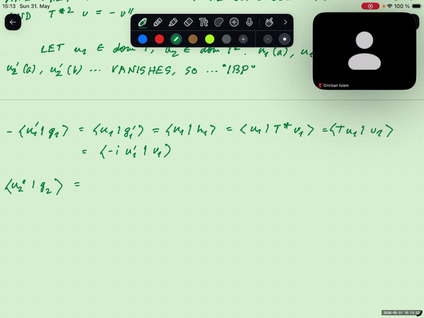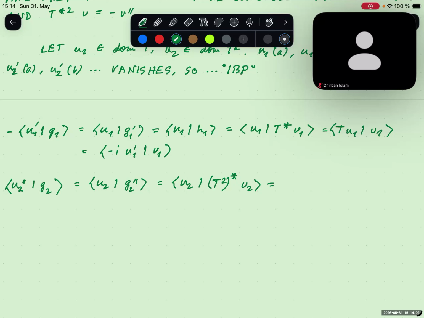First we apply integration by parts, that gives u2 with g2 double derivative, and we know g2 double derivative is nothing but T squared star of v2.